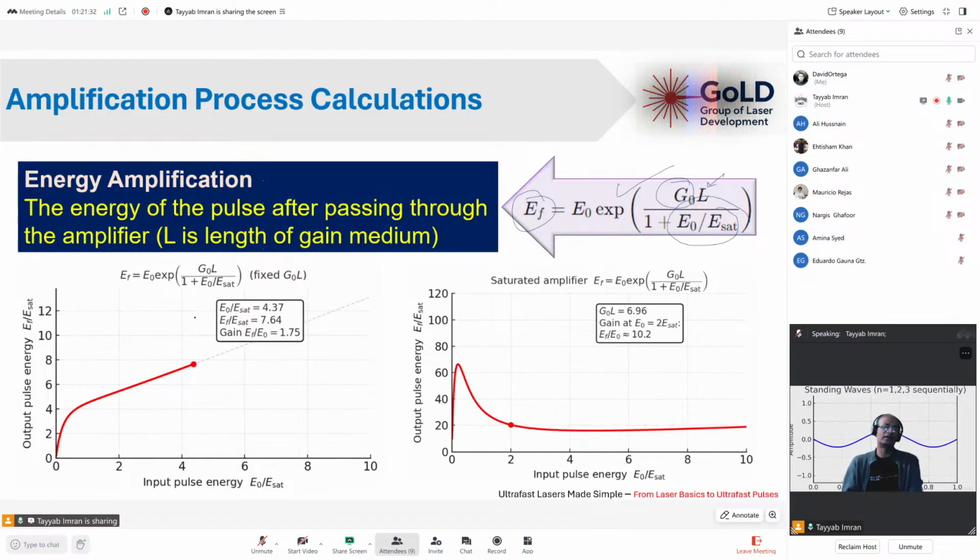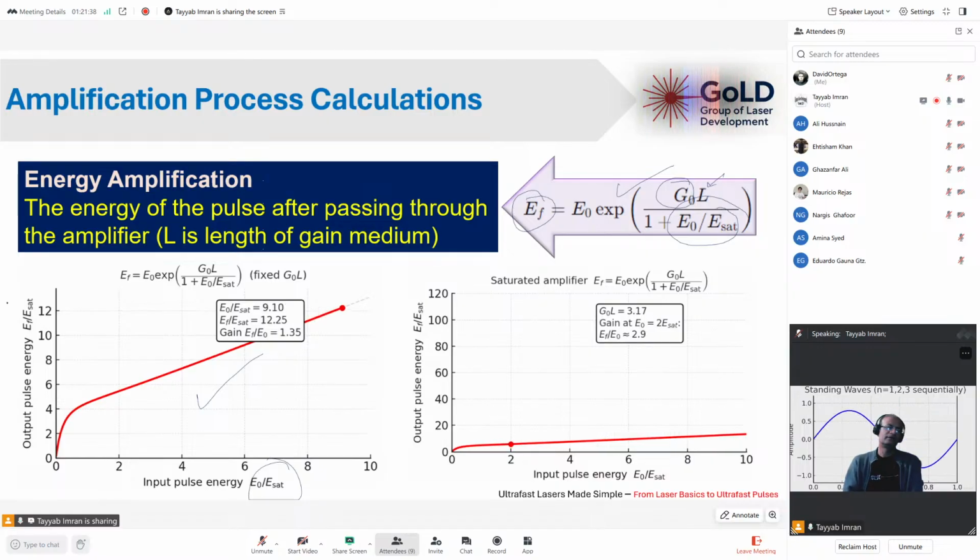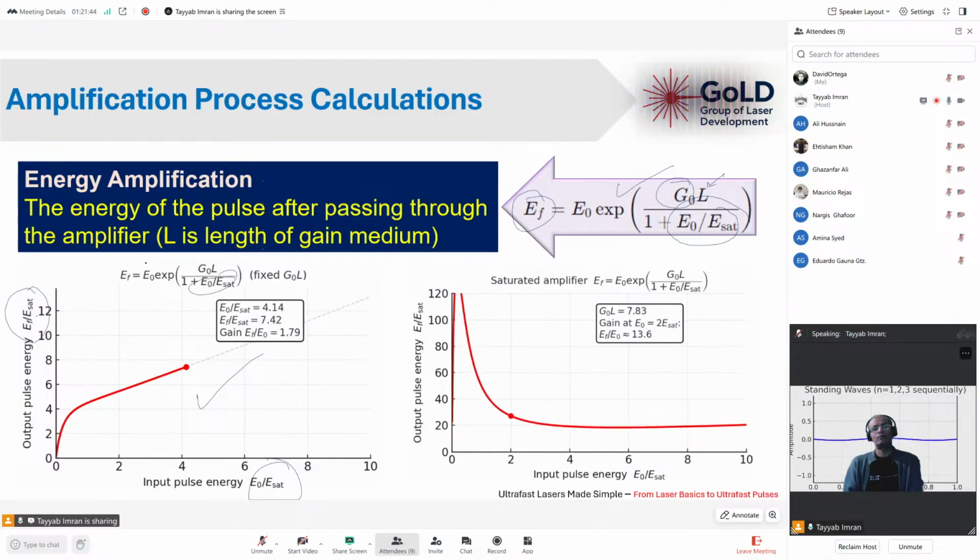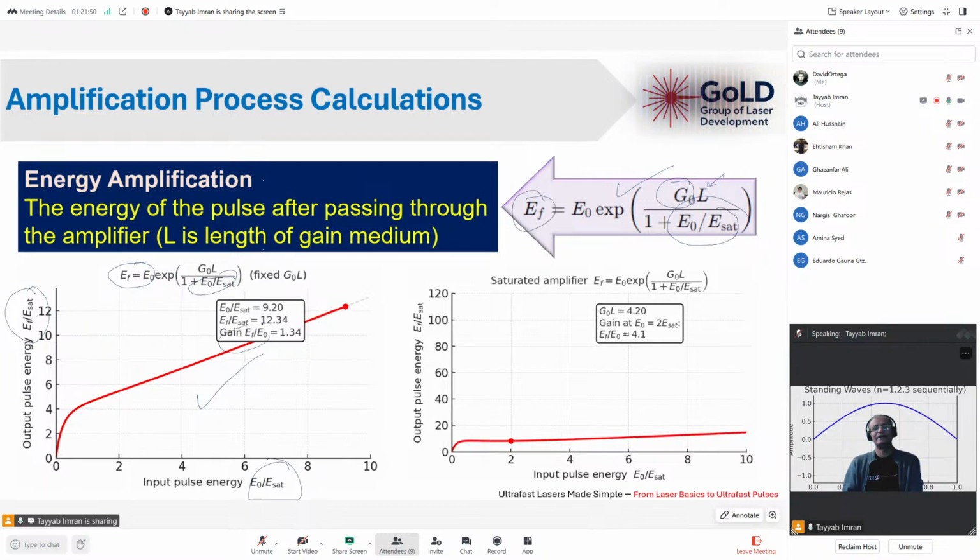So what you see here on the left side is the input energy, and the output energy over saturation, and the plot is between these. Here you can see how the values are changing.